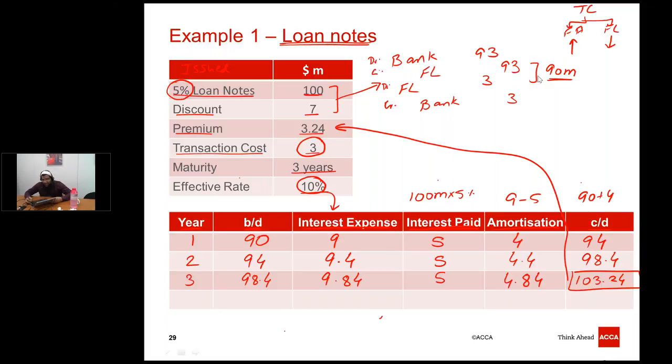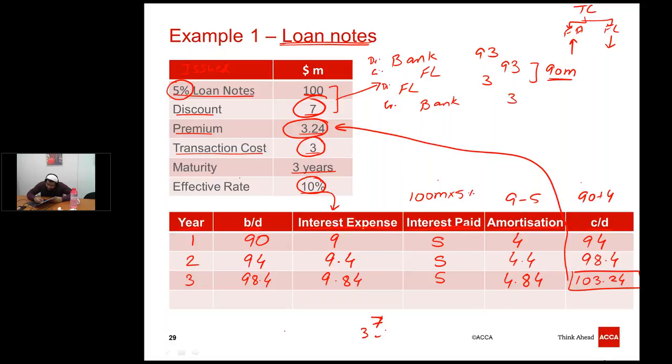So the rationale behind the table is this. Let me explain something which will not be asked in the exam, but I will take only 2 minutes because only a little time is left for us. In this entire question, we have given a discount of 7. This is an expense to us. We have given a premium of 3.24.